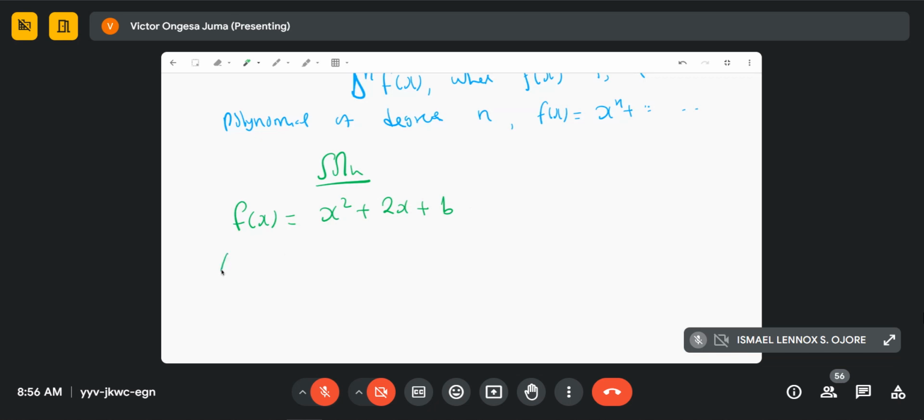And so recall that delta f of x is given by f of x plus h minus f of x. Do you recall finding a limit from first principle? Do you know the definition of a limit by first principle?